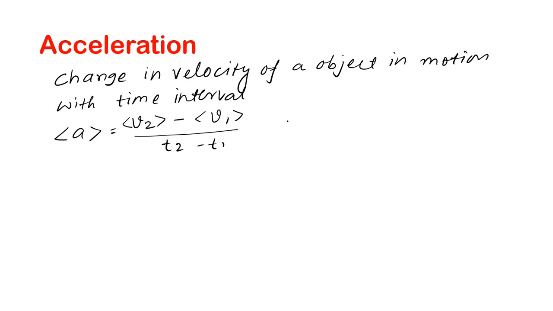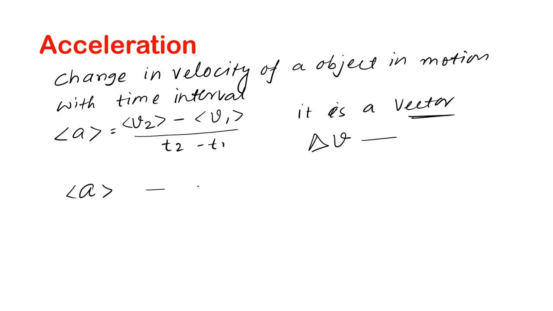And it is also a vector quantity, and the direction is in the direction of change of velocity. As this is motion in one dimension, acceleration can be in the positive x-axis direction, or it can be in the opposite direction, right?